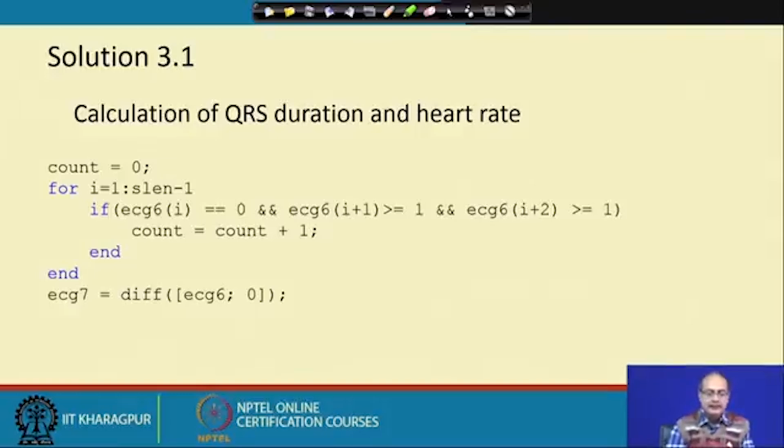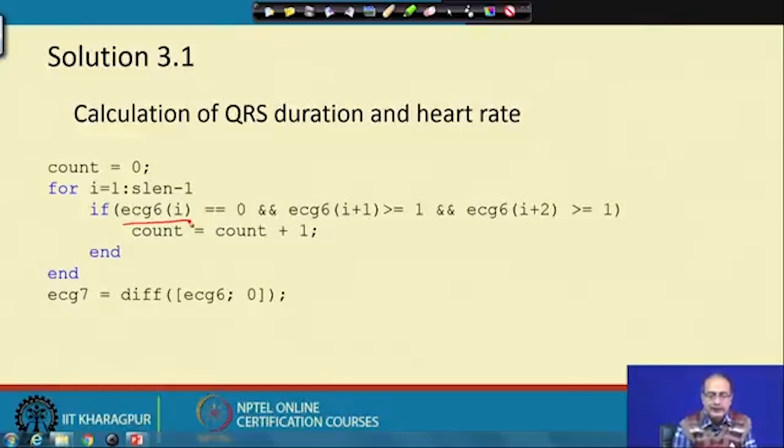So, for that what we do, we go back to the signal ECG 6, which had the values.